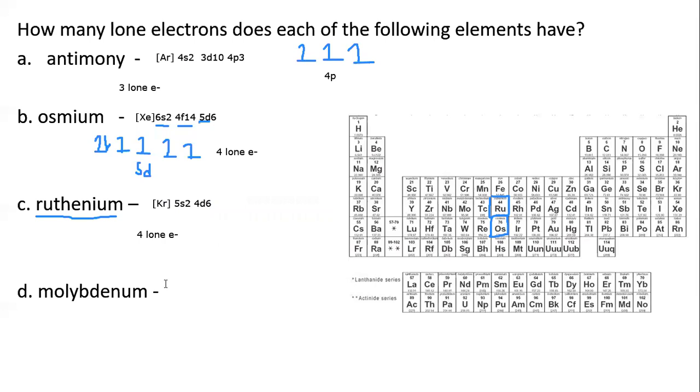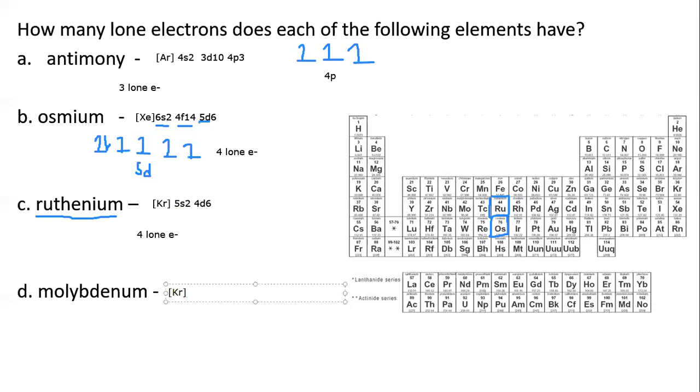Now we get to molybdenum. So molybdenum, we write the electron configuration. It's krypton. Now wait for it. Molybdenum is an exception, so you have to remember how to write the electron configuration for this exception.